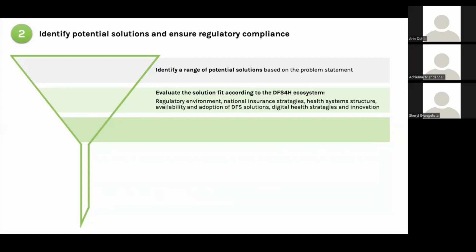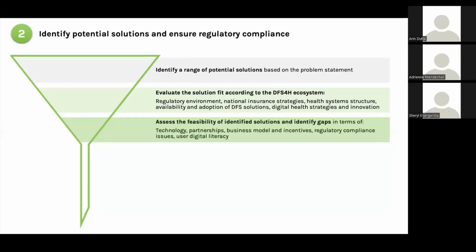So it's important to consider that regulatory environment, the national insurance strategies, and that overall health systems picture early on, but then also looking at, what is the adoption of digital financial services in that market or in that specific geographical area, not just by patients, but by payers and providers as well.